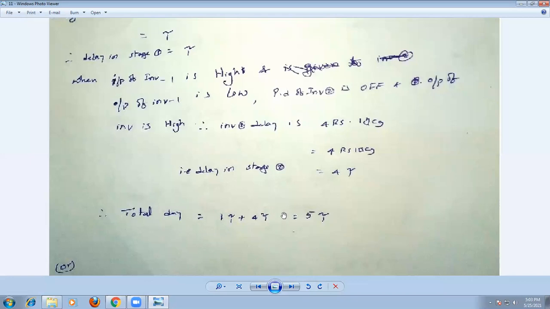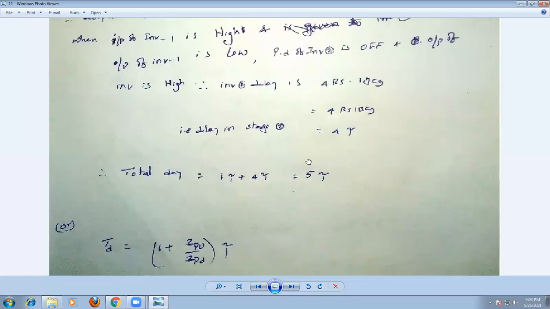Like this, we can calculate the delay in inverters. In NMOS technology, we have a general equation for the total delay of the inverter pair: total delay equals 1 plus Zpu by Zpd, into tau. Because Zpu to Zpd of one inverter driven by another inverter is 4:1, it is 4 by 1, so 4 plus 1 is 5 into tau.